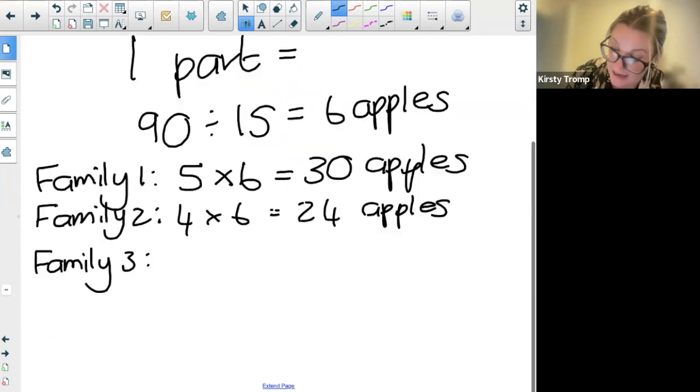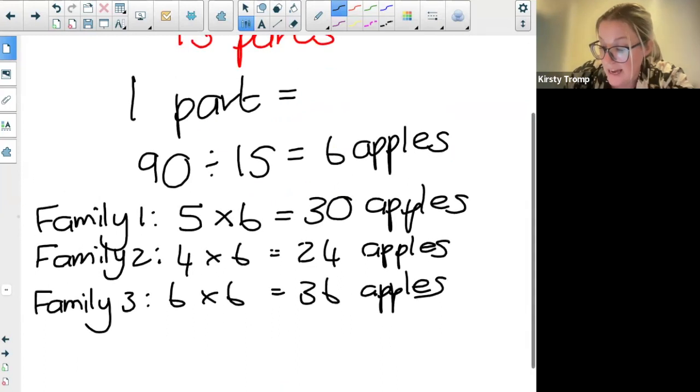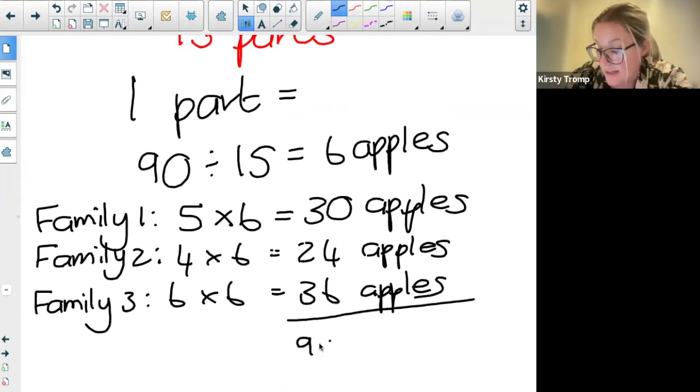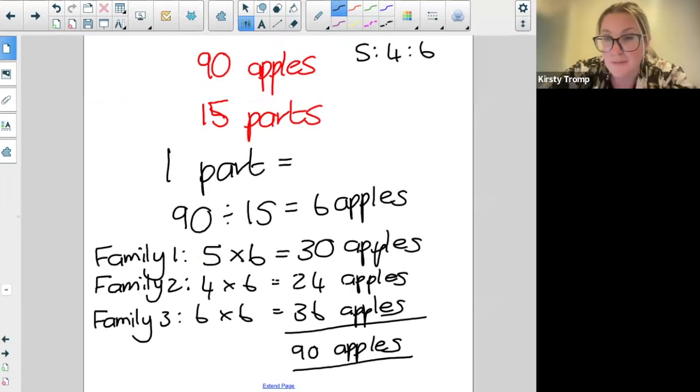Family number 3 had 6 parts. So 6 times 6 gives me 36 apples. And if you take your calculator and you add those up, all in total, it gives you 90 apples. All right, have a look at that for me. See if it makes sense. See if you have any questions about it. Have a look for me.